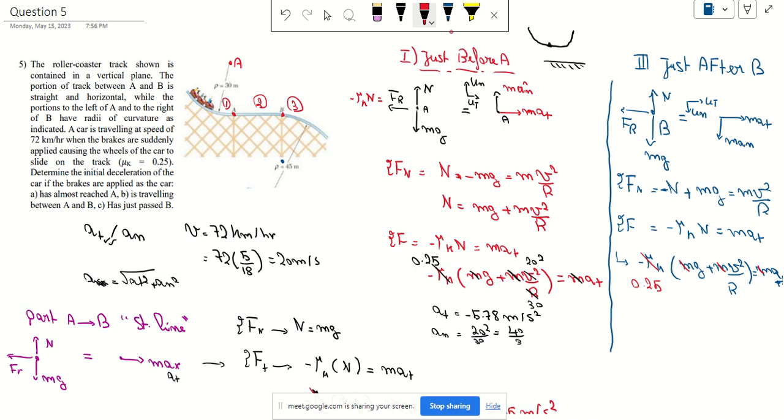Let me check. Give me 1 second. No, I guess m a_t is equal to a_t is equal to N minus mg.